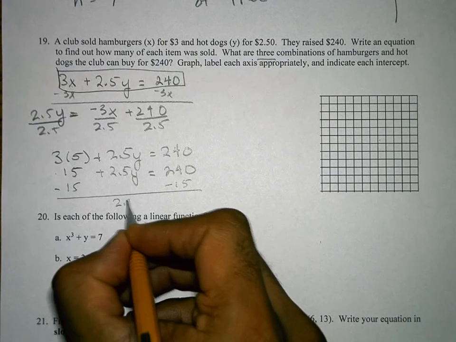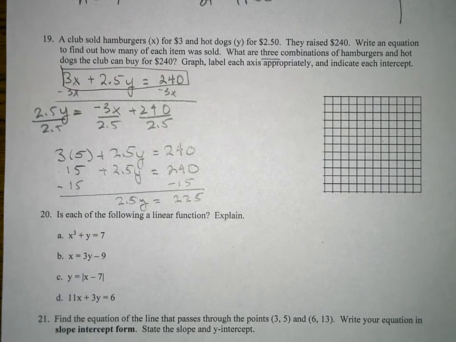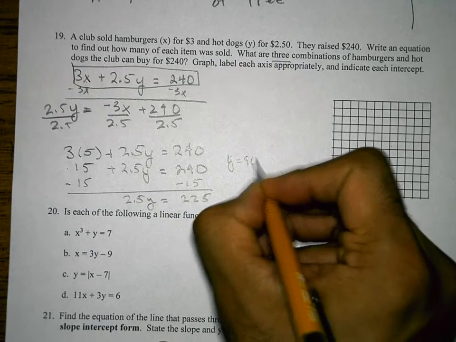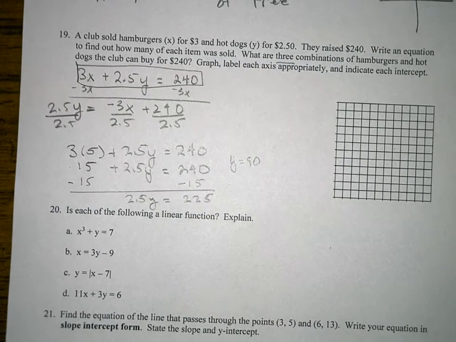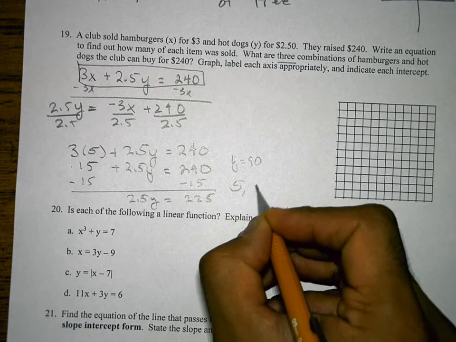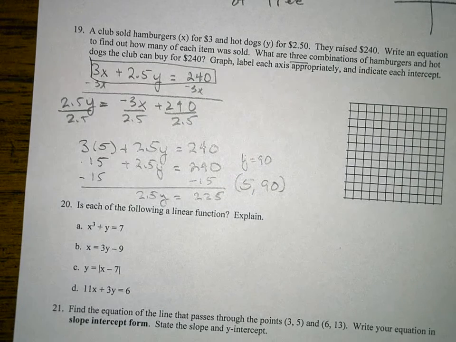That gives me 2.5y equals 225. Then I'll divide 225 by 2.5, and that's 90. So y equals 90. So one scenario is I could sell 5 hamburgers and 90 hot dogs, right, by simply plugging in an input.